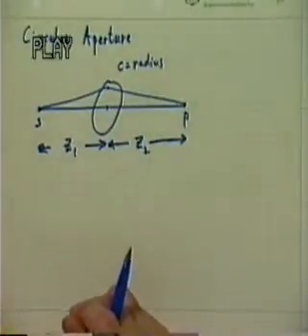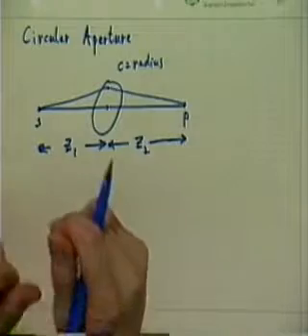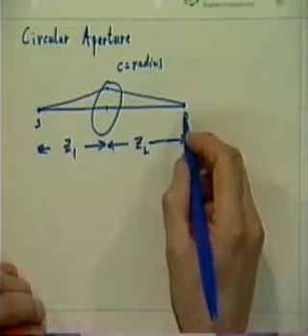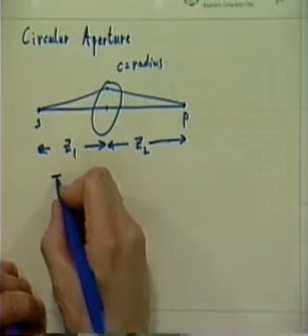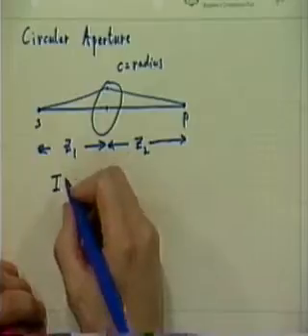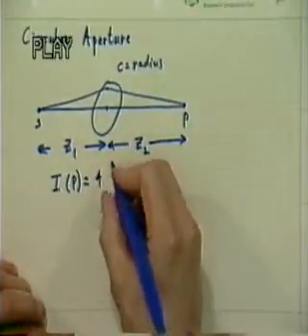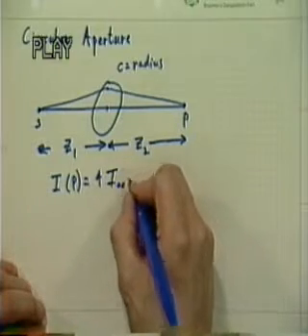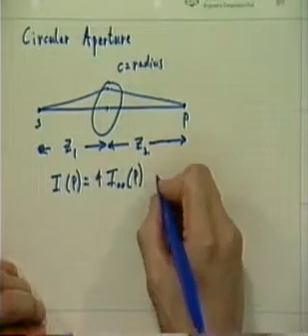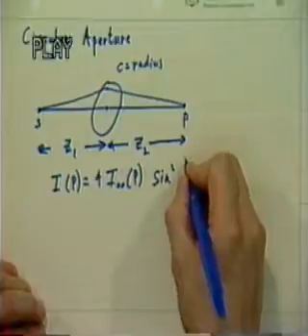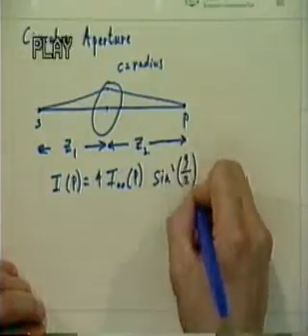And we got what I think is a very interesting result: the irradiance here, I of P, is 4 I00 of P times the sine squared of squiggle over 2.